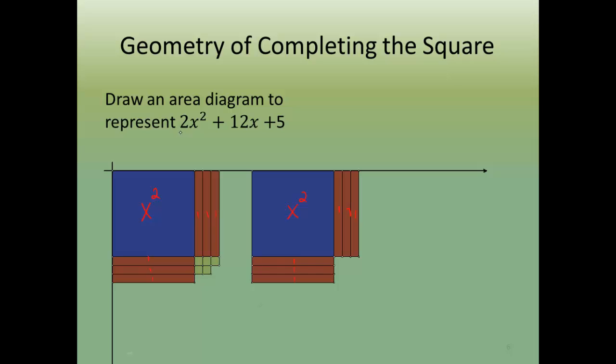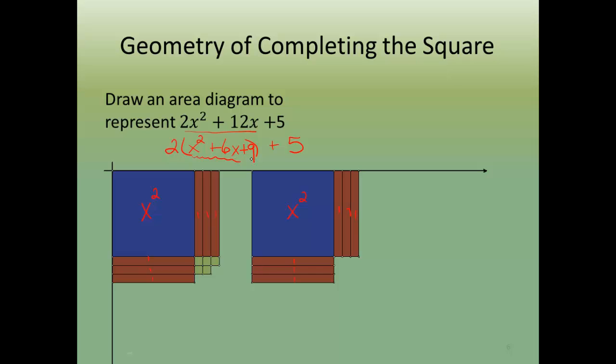So what I'm doing is I'm taking my 2x squared plus 12x and I am breaking it into 2 groups of x squared plus 6x. The plus 5 I've just randomly put somewhere for what we need now. Now what I can do is take a look at the x squared plus 6x just like I did on the other ones.